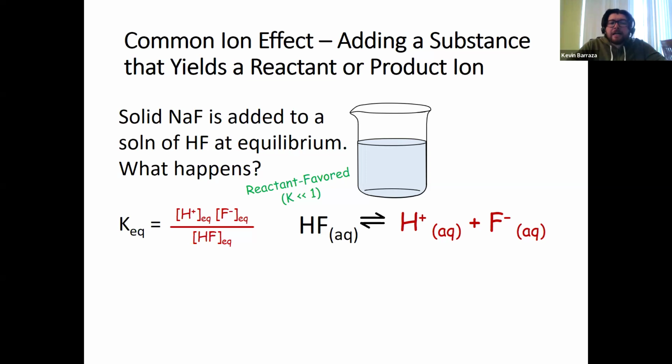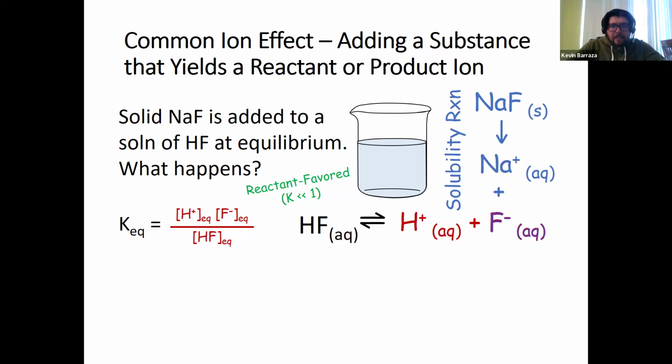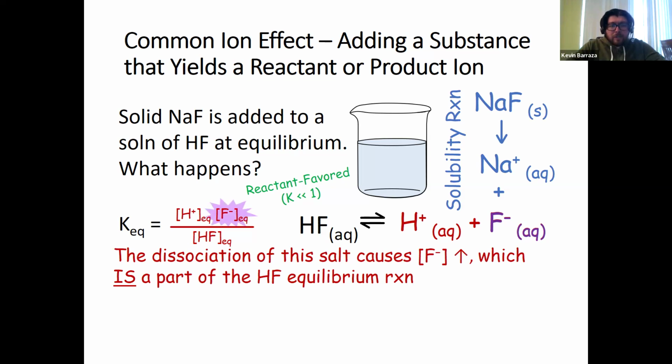But then we can say, I know NaF splits apart. So as far as solubility goes, NaF solid, when it meets water, is actually going to make Na plus and F minus, which overlaps with the equilibrium reaction. I've actually physically put those reactions over each other to show them overlapping.